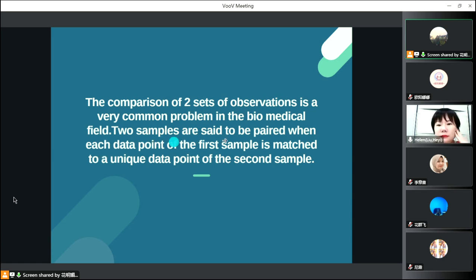Two samples are said to be paired when each data point of the first sample is matched with a unique data point of the second sample. When two independent samples are taken from a normal population for the purpose of comparing their means.